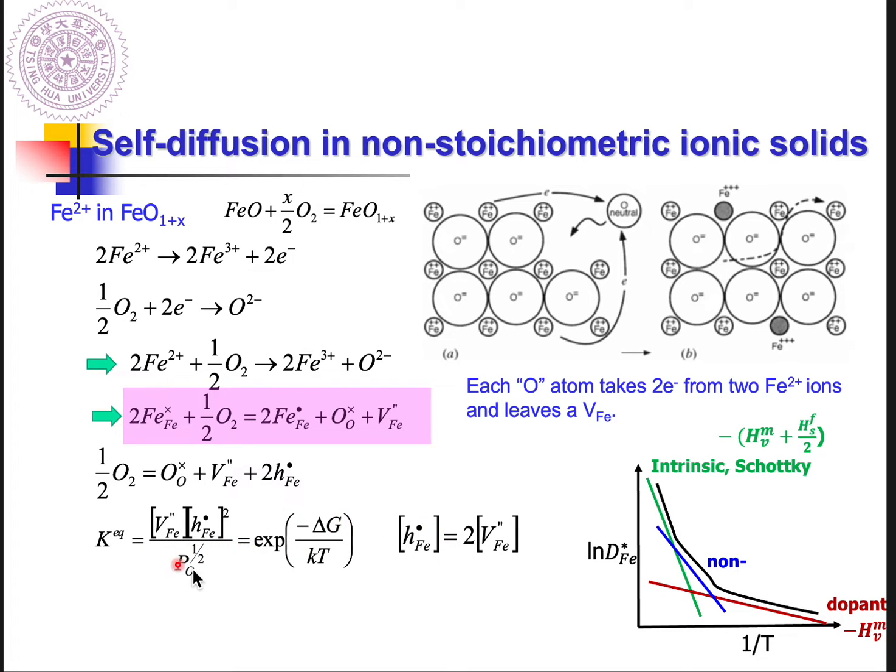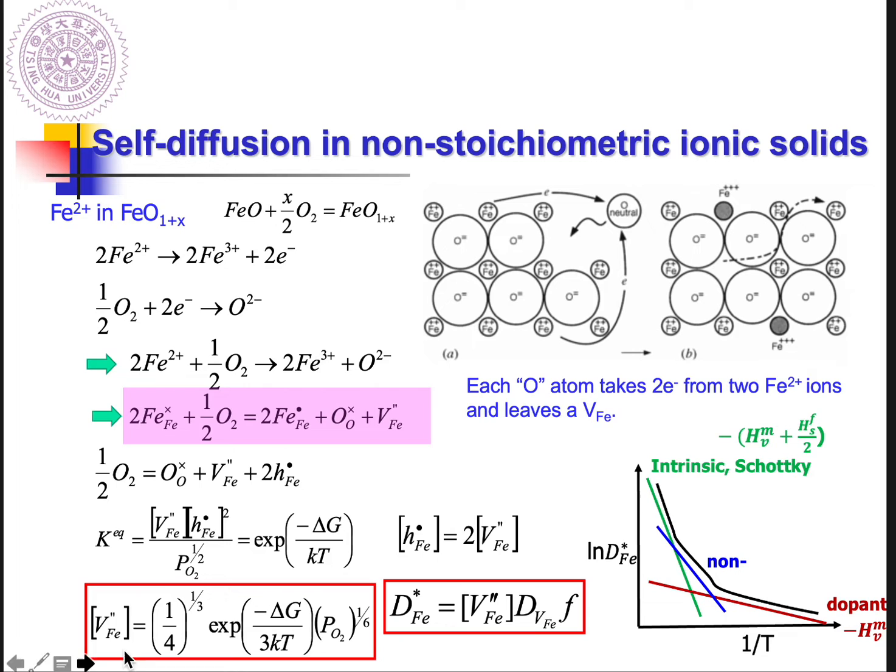And in this equation, the formation energy for this non-stoichiometry effect, we call it delta G. And based on this equation, we also know that if we have 1 mole of vacancy, we get 2 moles of hole. So we get the relationship, and we directly substitute it in. Finally, we get the vacancy at the iron site expressed like this.